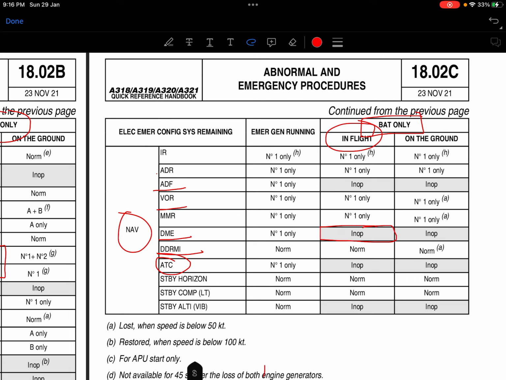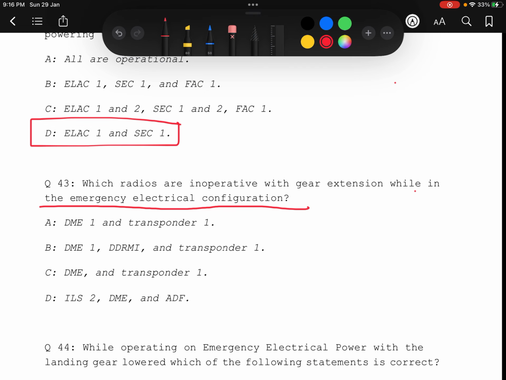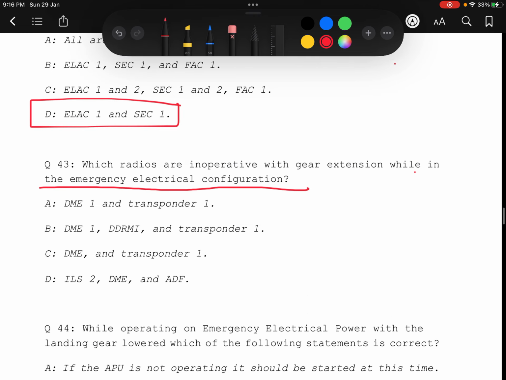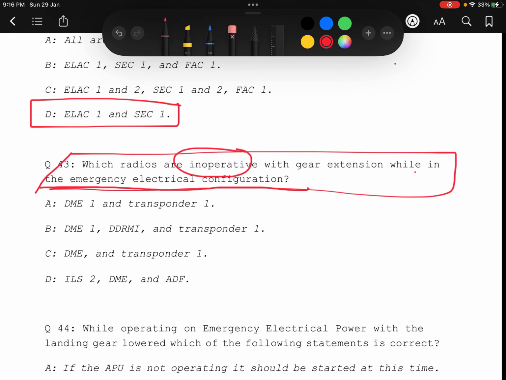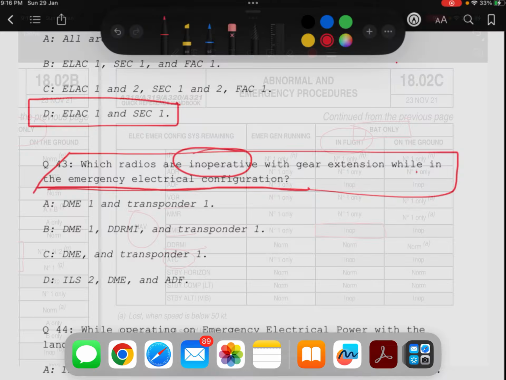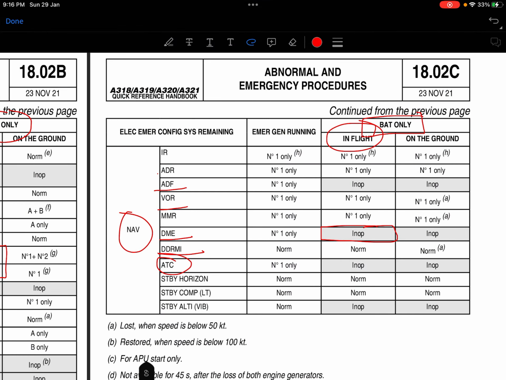They were talking about which radios are inoperative. We have DME inoperative, right?